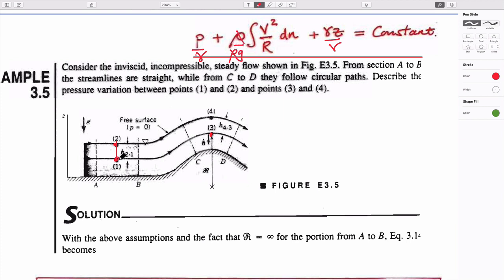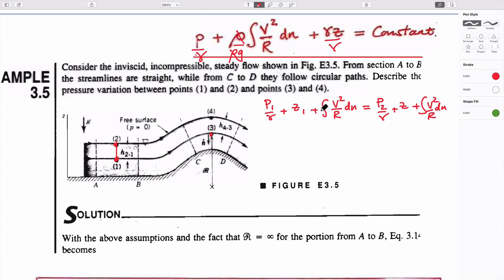If we write it between these 2 points, we could write it as P1 over unit weight plus Z1 plus this integral term, rho v squared over uppercase R, and n just takes the place of the radius, is equal to the pressure at point 2 plus the elevation plus the integral of v squared over R dn.